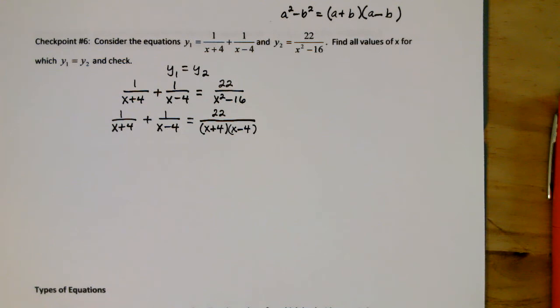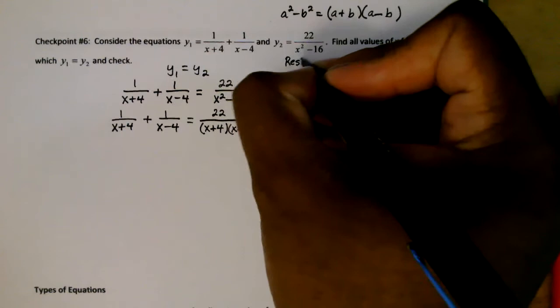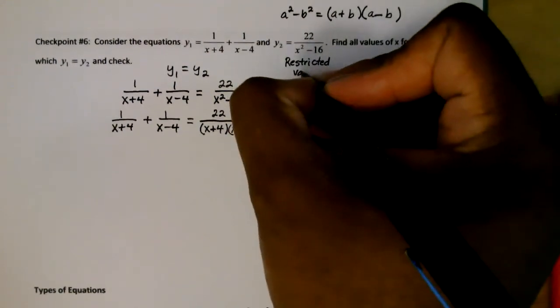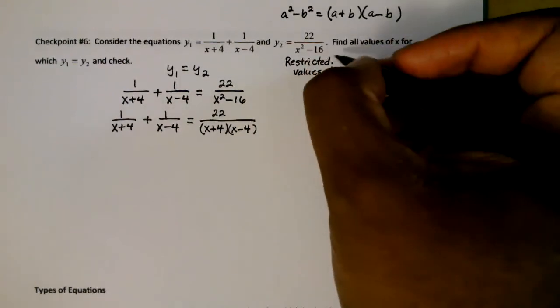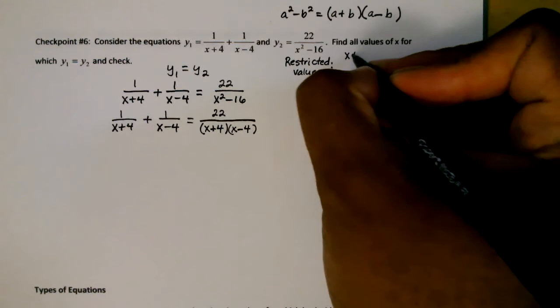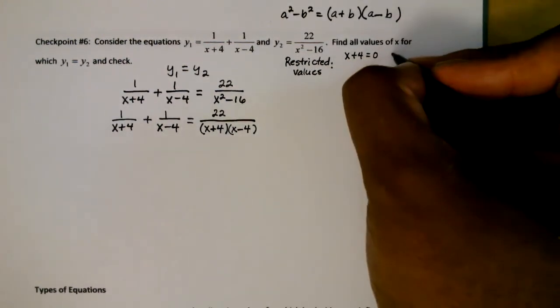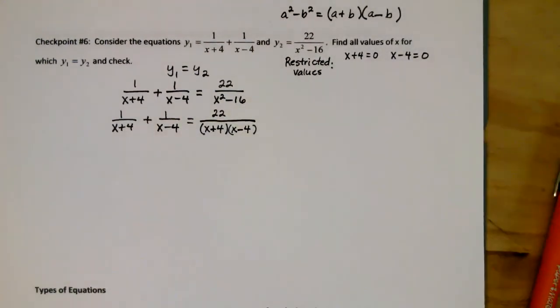And before I solve this, I need to find out what my restricted values are going to be. In this case, I got x plus 4 and an x minus 4. So I need to set x plus 4 equal to 0, and I also need to set x minus 4 equal to 0.